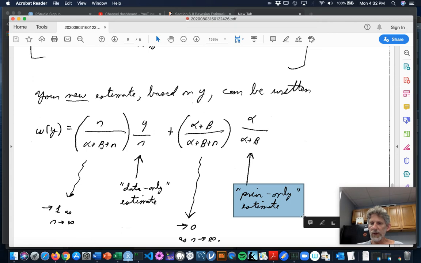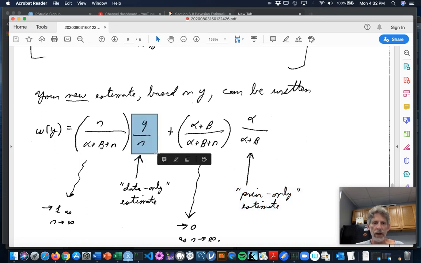That's the best estimate you could make if you never looked at any data. Best estimate you could make of her theta. On the other hand, if you don't pay any attention to prior, if you don't give any weight at all to the prior, and you just look at what she did for you, then wouldn't you guess as her theta the number of times she made it divided by the number of times she tried? That would be a data-only estimate of her theta.